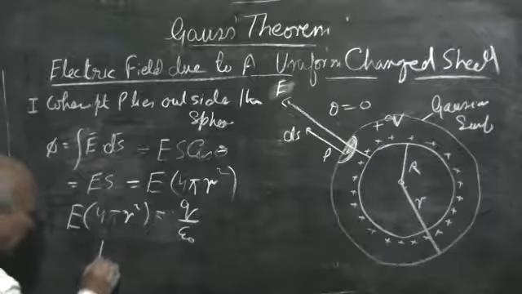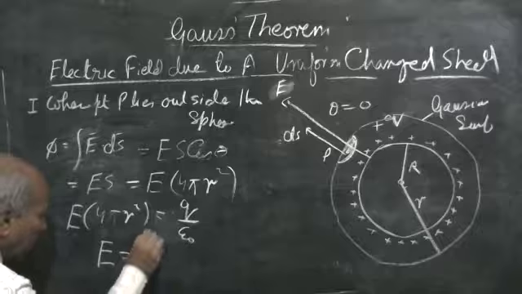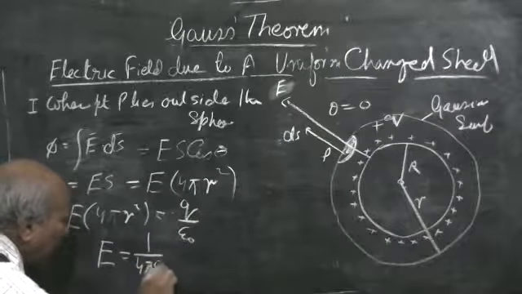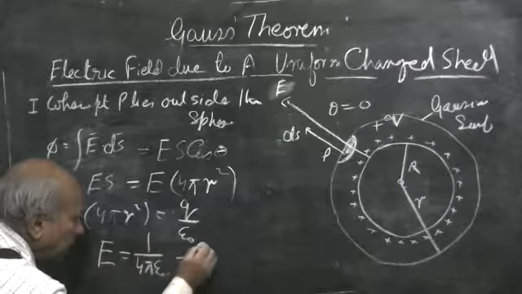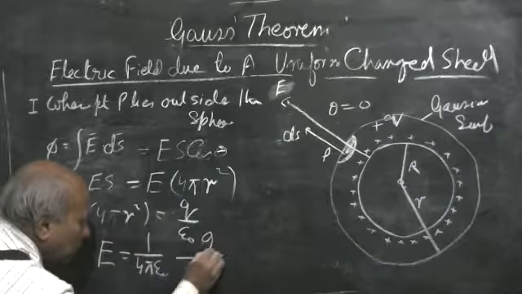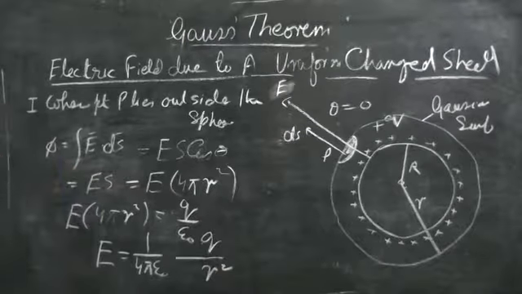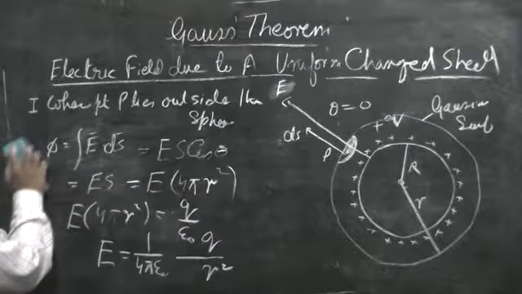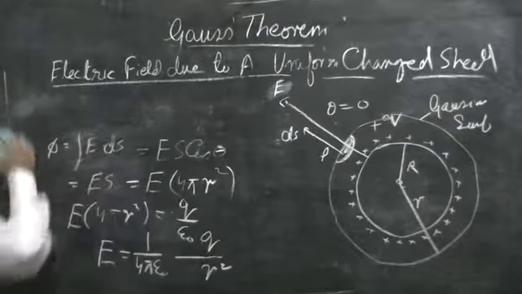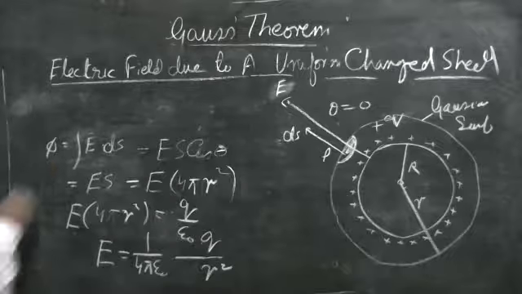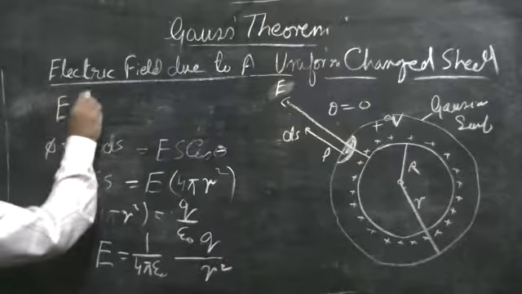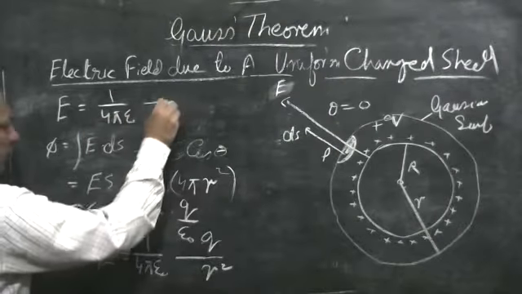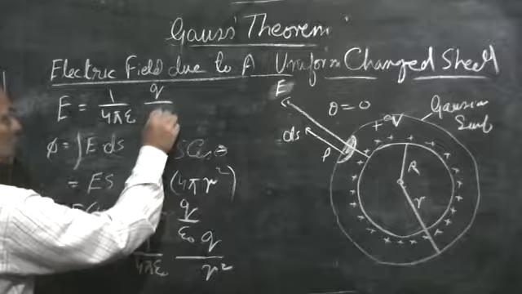Now the electric field E is equal to 1 upon 4 pi epsilon naught Q upon r square.